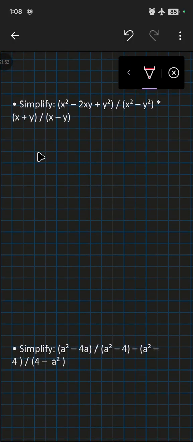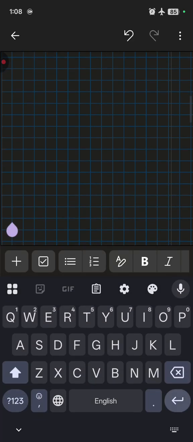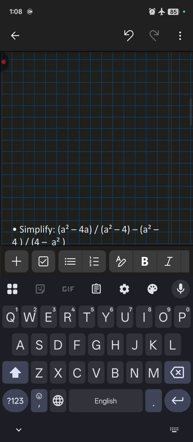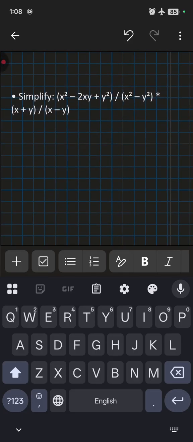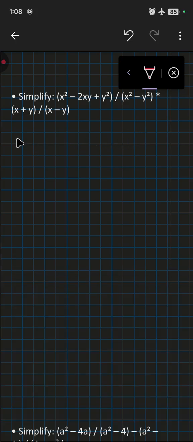The question is, let me have some more space again. 1, 2, 3, 4, 5, 6, 7, 8, 9, 10 steps down. Okay, here we go now. So this is the question in which I have x square minus 2xy plus y square on the top by x square minus y square, multiplied by x plus y on the top and x minus y in the denominator.